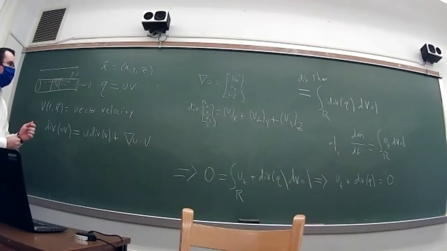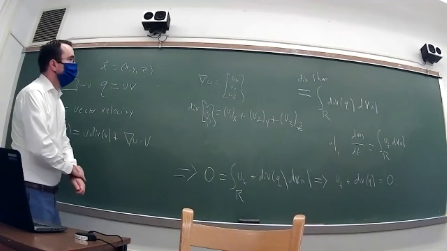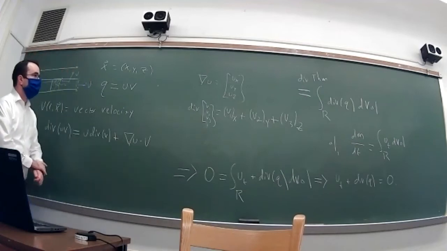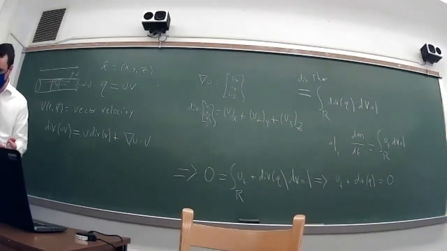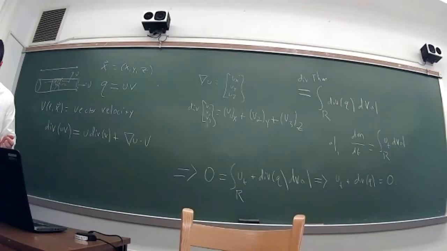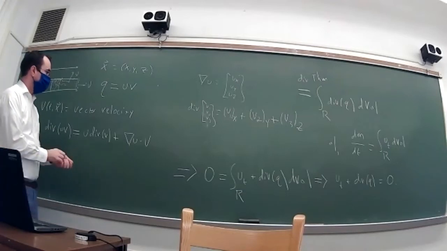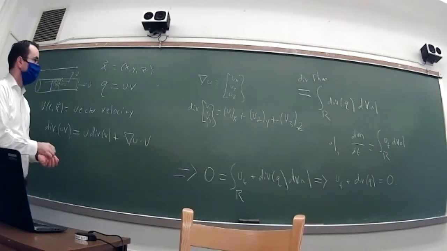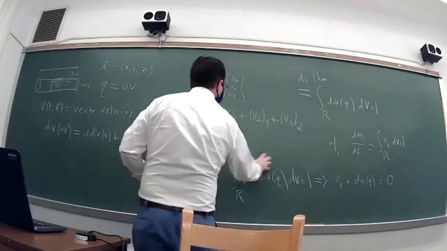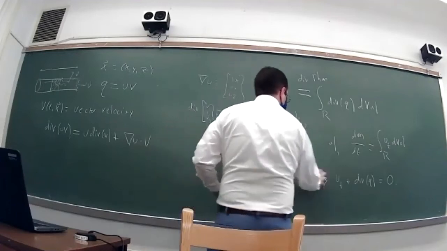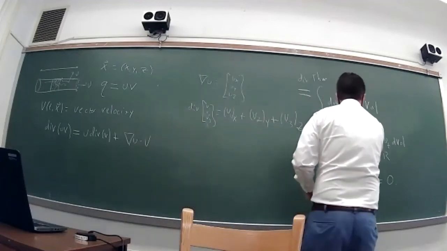So when you say gradient u dot v, that's the same thing as saying u sub x times v1 plus u sub y times v2 plus u sub z times v3.